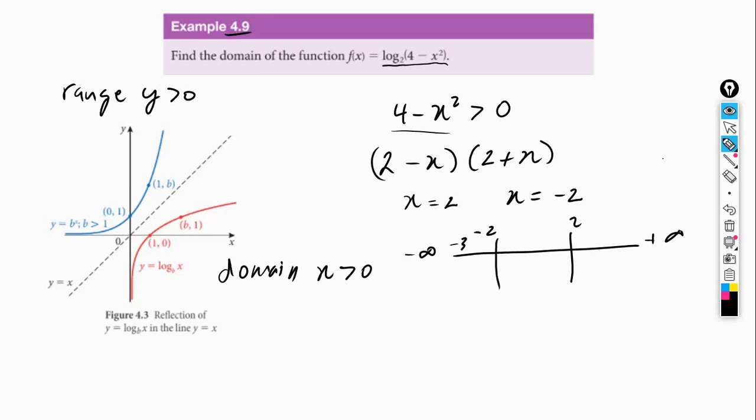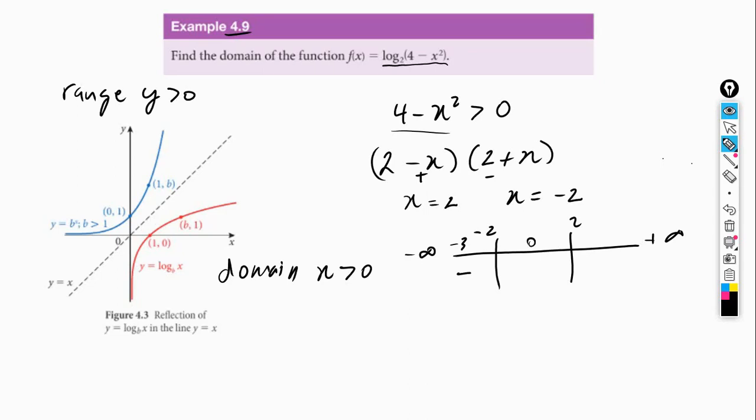If we plug negative 3 into this expression here, we're going to get positive 1 for this factor and negative for the other. So before negative 2, any value we plug in is going to be negative. Therefore, no solution for the logarithm. Then we can plug in a value between negative 2 and 2, say 0.